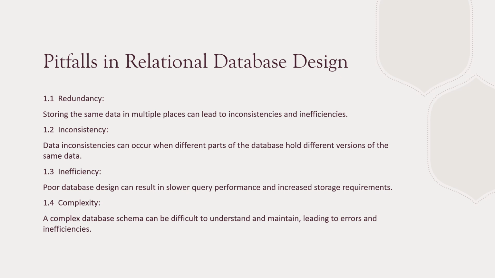Here, storing the same data in multiple places can lead to inconsistency and inefficiency, and it leads to maintenance problems and many other problems. Redundancy can waste the time of the users, and when you try to add or copy data that is not reflected in other copies, all these things come under redundant data.